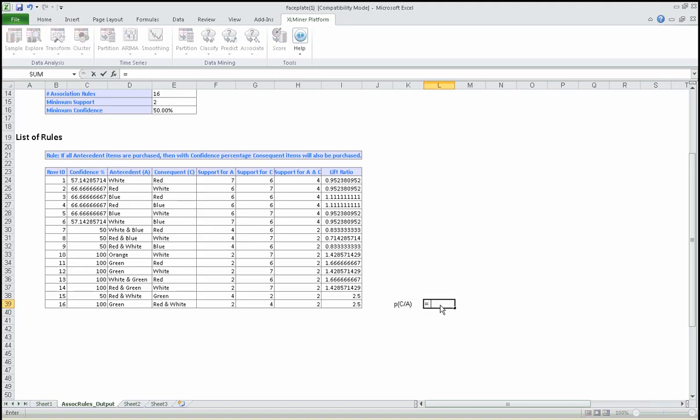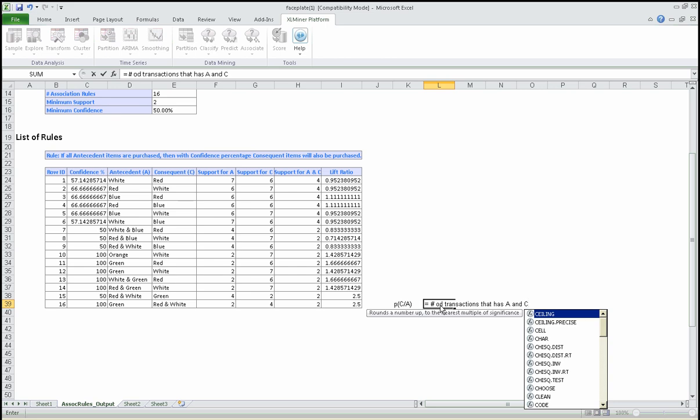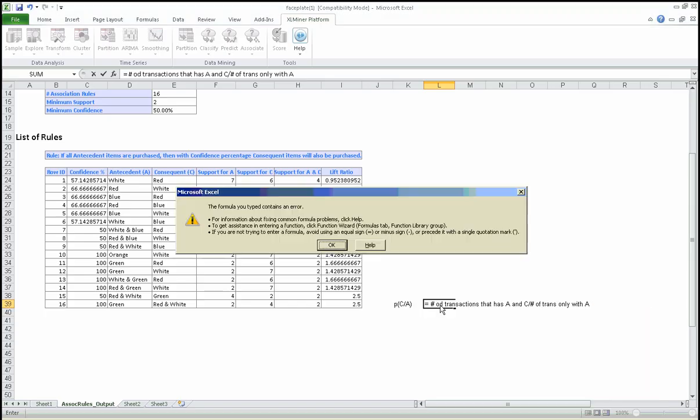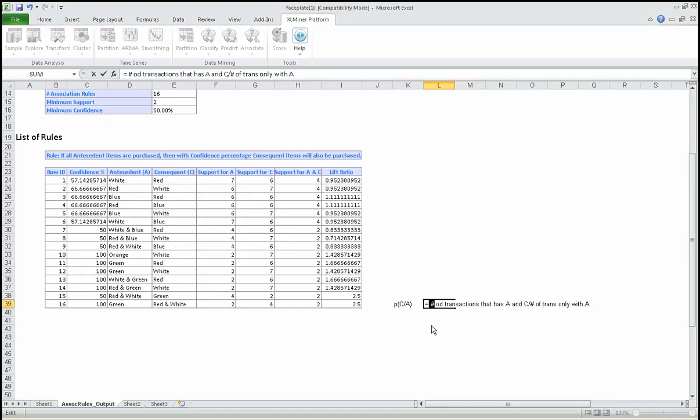It is the number of transactions that has A and C divided by the number of transactions with only A. So the number of transactions that has A and C is 2, and the number of transactions that has only A is 2. So 2 divided by 2 is equal to 100%. That's what you have here.